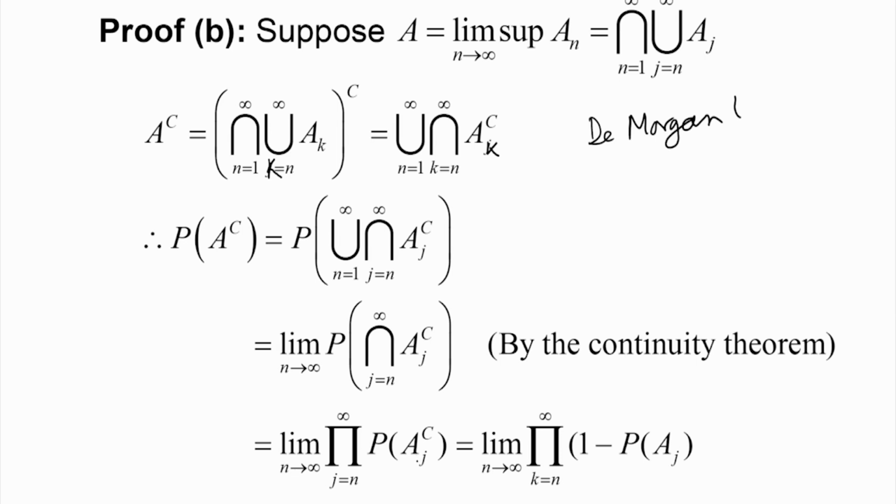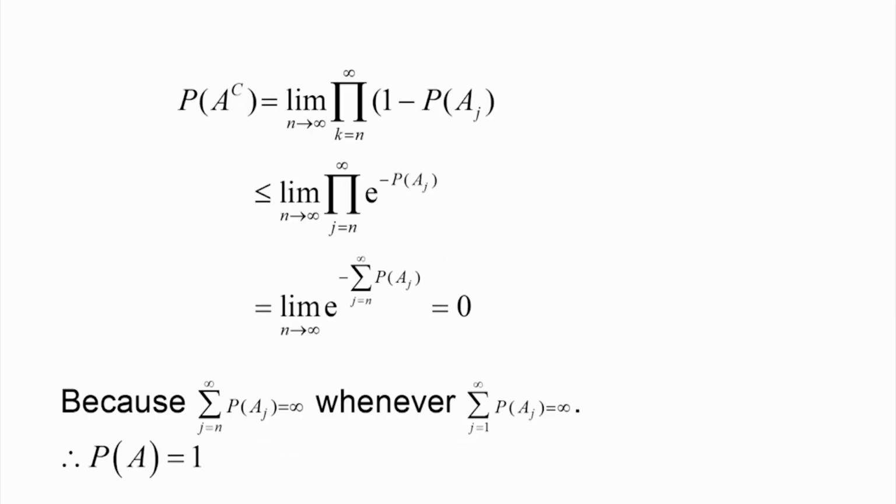And now, we use the result that the probability of A_j complement is 1 minus P(A_j). So, that way we establish the result. What we have established is that the probability of A complement is equal to the limit of the product of this sequence, 1 minus P(A_j), j going from n to infinity.